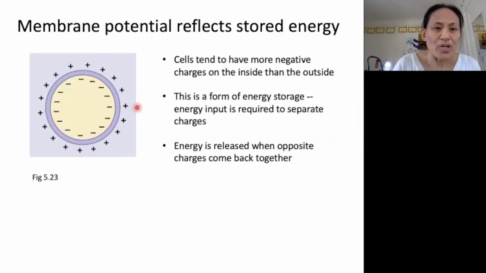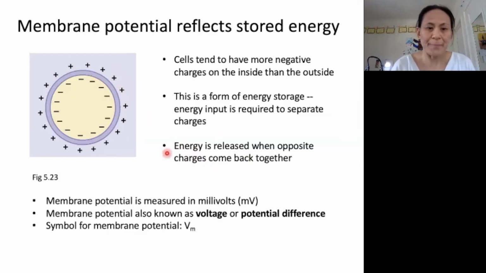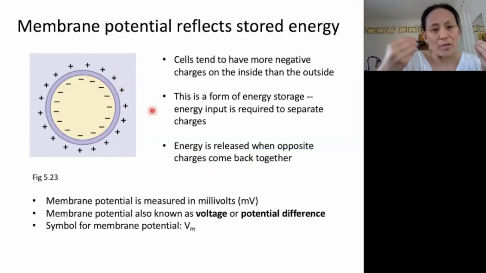We measure this separation of charge in a quantity that we call membrane potential. If we were to allow those charges to come back together, energy would be released. So this separation of charge is something that we quantify in a value that we call membrane potential. Membrane potential is measured in millivolts.